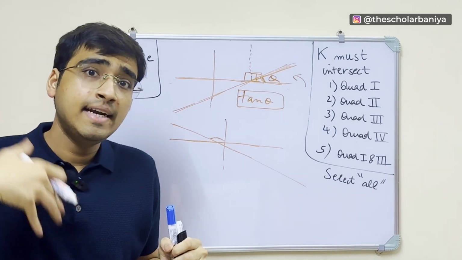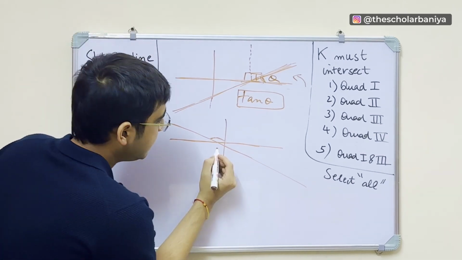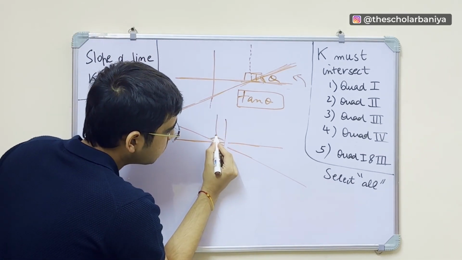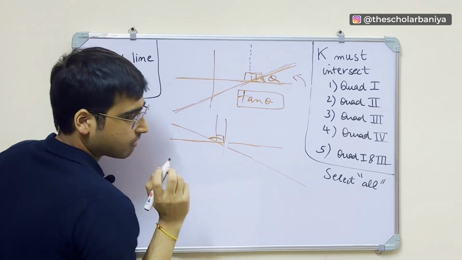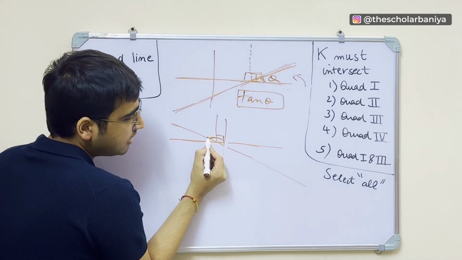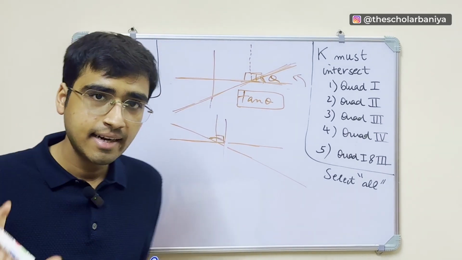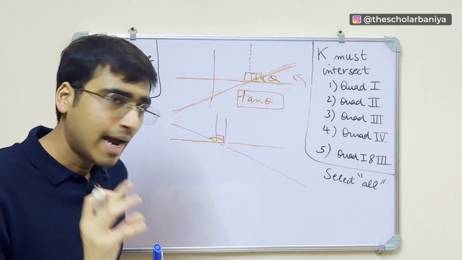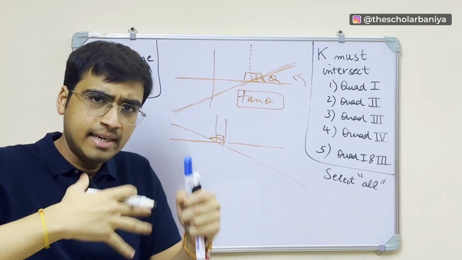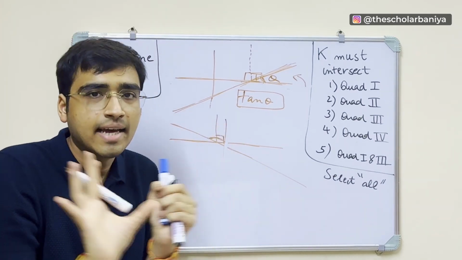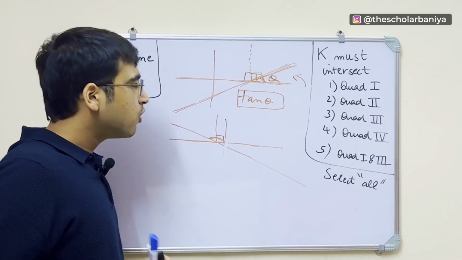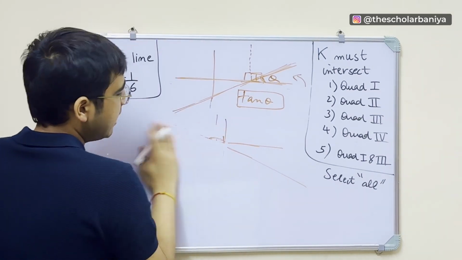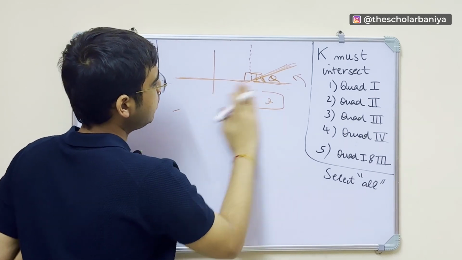This angle is greater than 90, because what is 90? 90 will be this, and this angle is what? 90 plus this. So basically what I mean is that this angle is greater than 90 degree, right? So that means, and tan of anything greater than 90 is negative. You can just think like that.